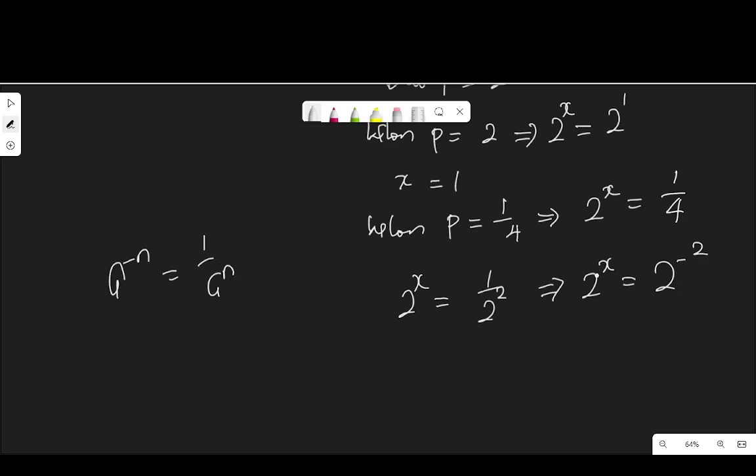So 1 over 4 is of course 1 over 2 squared, and 1 over 2 squared can be written in negative indices as 2 to the power of negative 2, which implies x is equal to negative 2. And x is 1 or negative 2. And that is all that I have for you in this video.